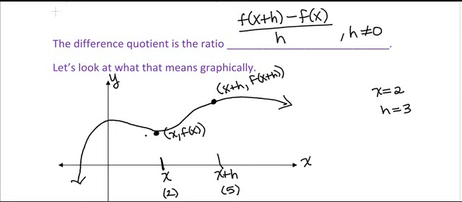So, what are we talking about when we talk about x plus h and f of x plus h and x and f of x, and we have this notation f of x plus h minus f of x? Well, let me draw this over here. These are our y values. If you think about f of x plus h minus f of x, that means our change in y.